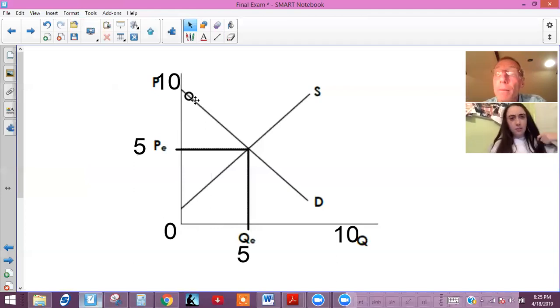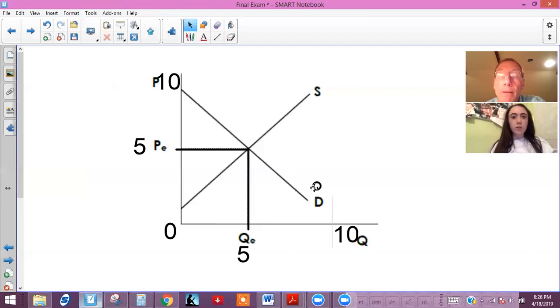But it makes sense. On the other end, when you're way out here, a large percentage change in the price has a very small percentage change in quantity, right? Right. So this is more inelastic, okay?